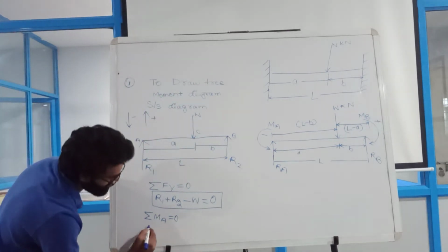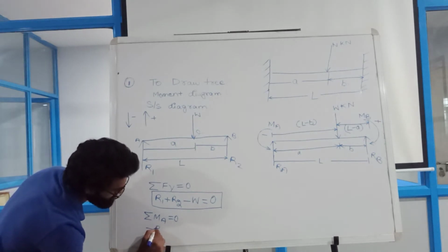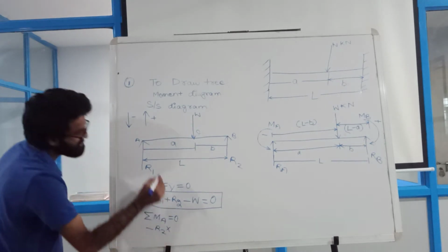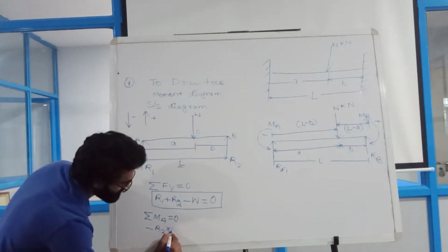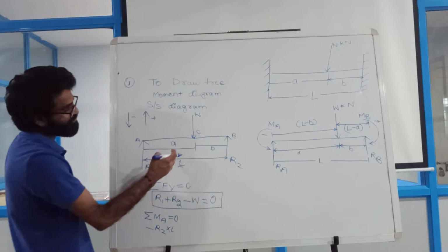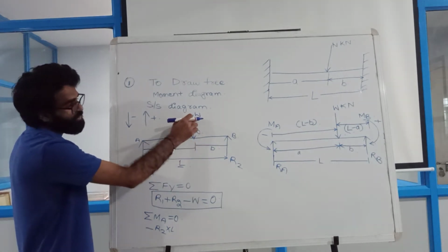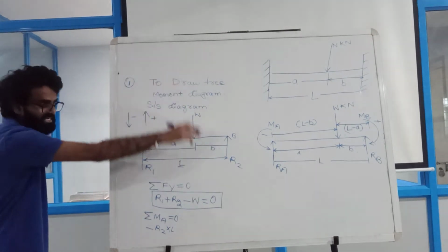If it is going anti-clockwise, it is minus, so that is R2 into, and the distance from here to here is how much? L. After this the load is acting, that is W, and W is acting in the downward direction.